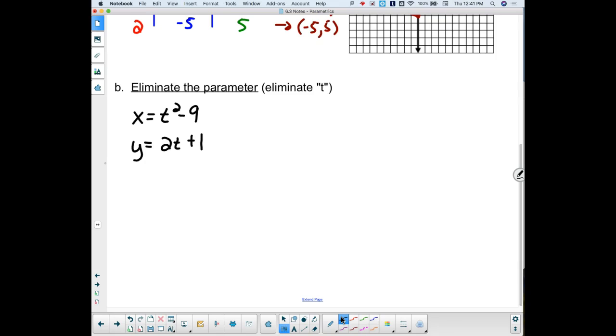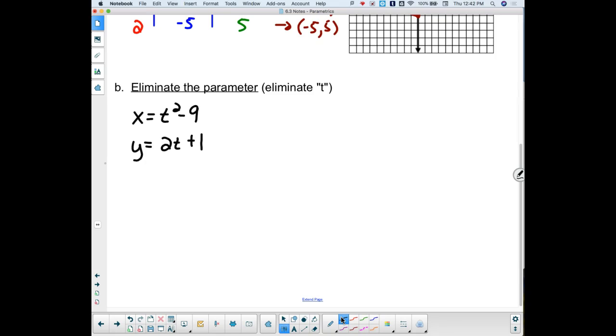If I am going to eliminate the parameter, I need to solve one of those two equations for one of those three variables. And then I'm going to take that and put it into the other one. Unfortunately, I can't solve for x or y, because in the other equation there is no x or y to substitute into.